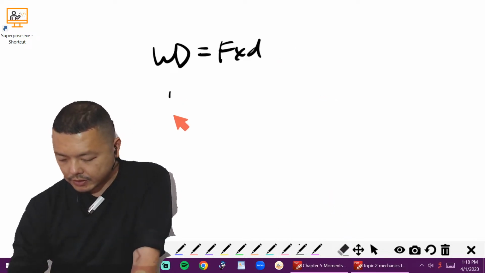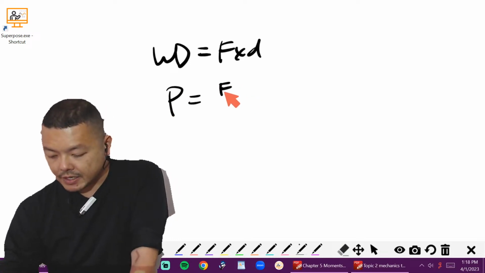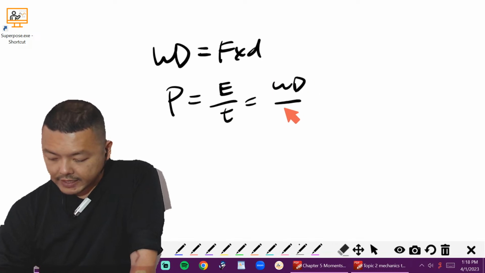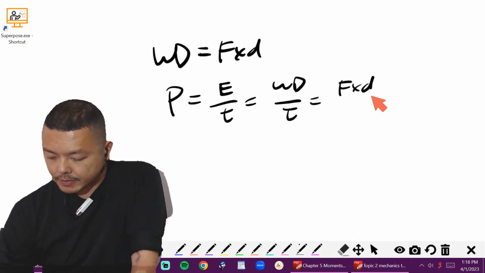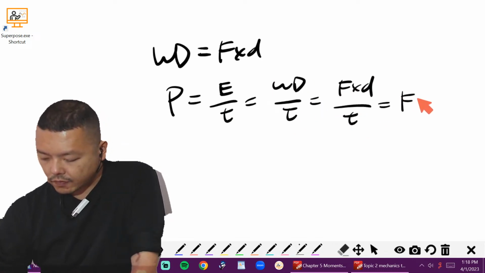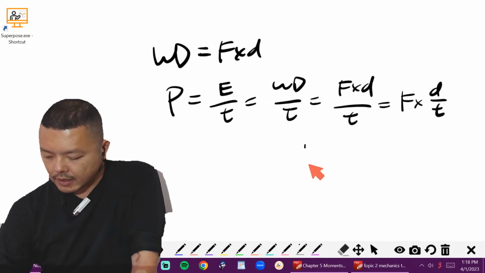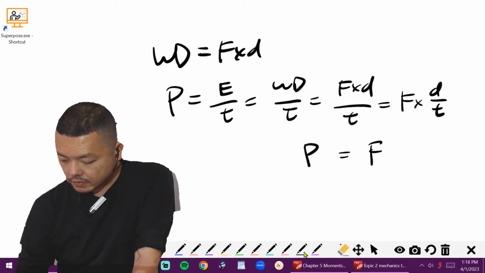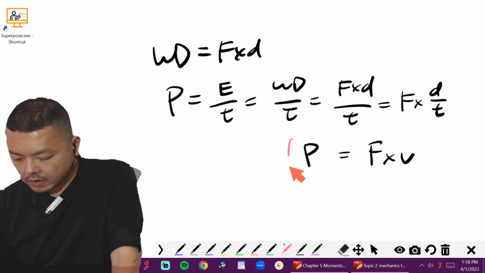I'm talking about power here. Power is energy over time. So energy is work done over time. So it's force times distance over time, and this is force times velocity, and therefore power is equal to force times velocity.